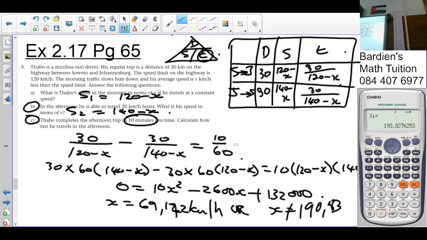So if you say 120 minus 190,83, it's going to give you negative whatever, negative 70 around. Yes, that's substituting into the quadratic formula.